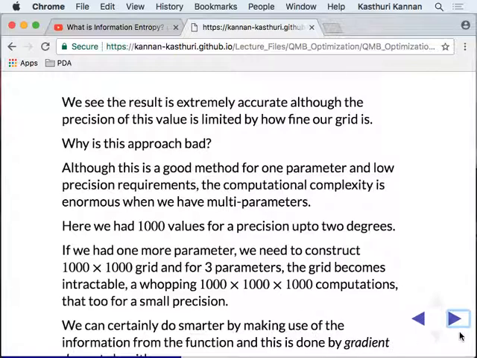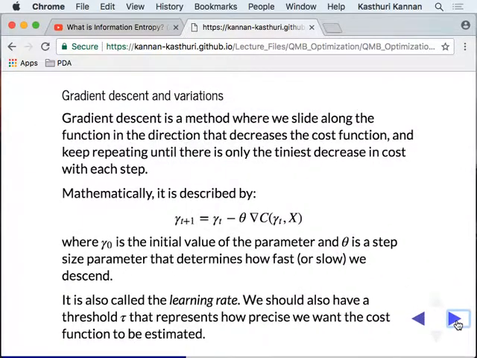And that's the idea behind the gradient search algorithms, right? So for gradient descent, we slide along the function. It's like a seesaw, right? We slide along the function and try to find the direction that decreases the cost. As you know, the gradient of a function determines the direction, and the negative of the gradient is going to tell you the direction in which the cost function is decreasing, right?